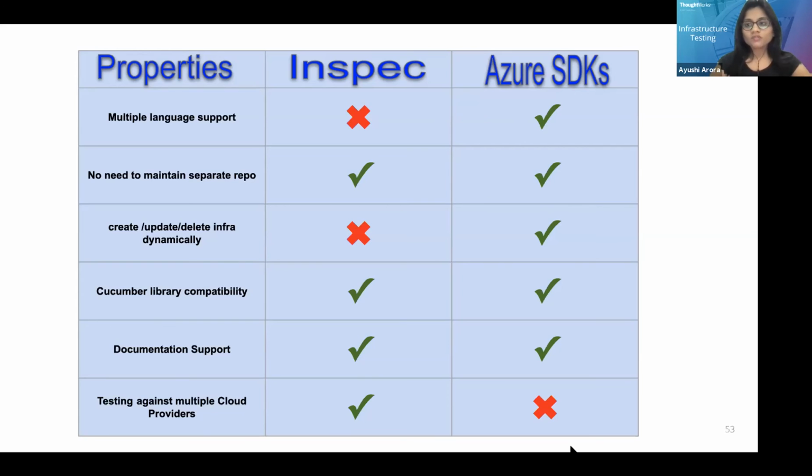So on the basis of these differences and similarities, we can choose which tool to go with, Inspec or Azure. We have many more, but we have just focused on these two right now. So on the basis of your project need, you can check whichever suits you better, and you can explore.